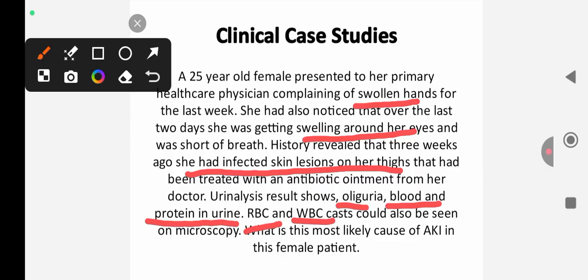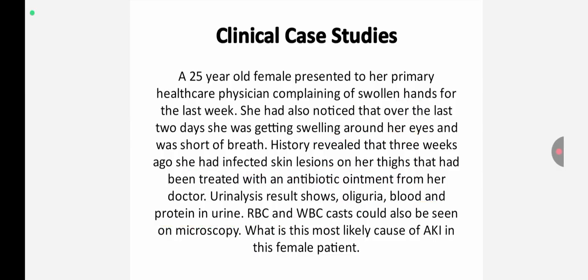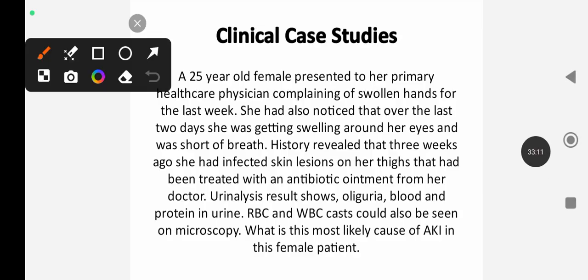So the reason why you are seeing swollen hands, swollen eyes, it looks like she has edema. As protein is being excreted, protein that is present in the blood and is responsible for the oncotic pressure of the blood, you see protein in the urine.